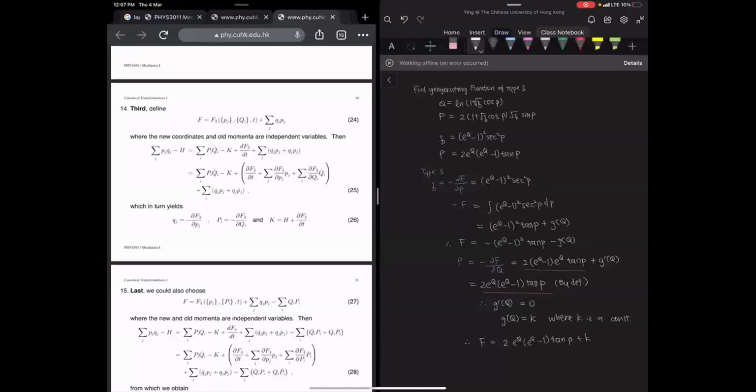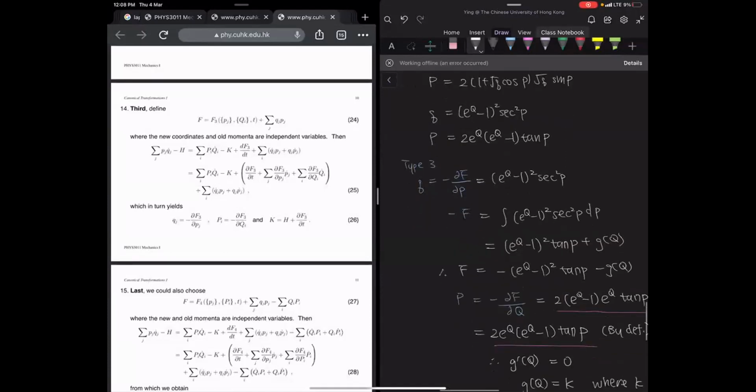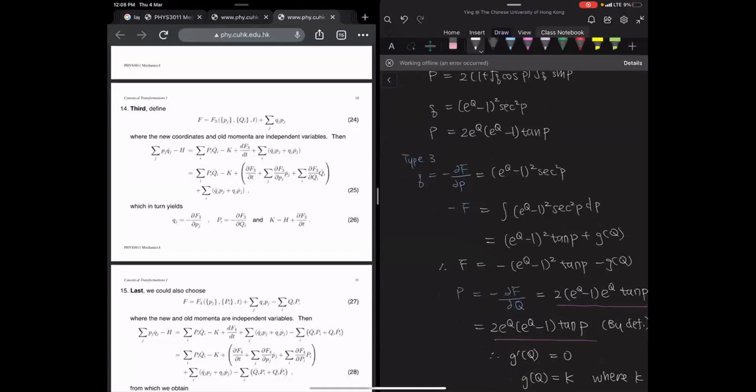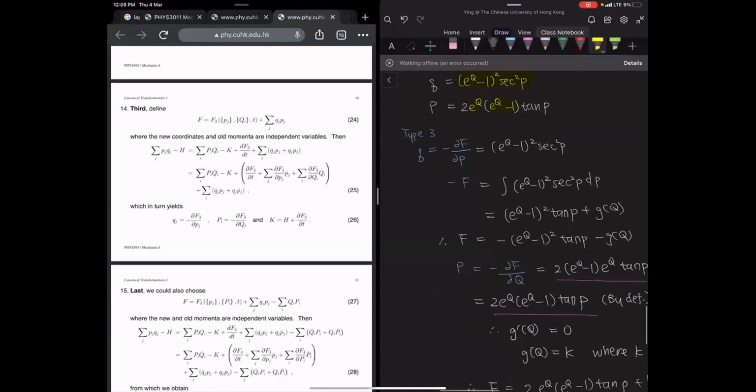For type 3, we first consider the given definitions of P and Q. Now, if large P is expressed in terms of small q, where q is defined in this equation, then we substitute it to get the large P. Yes.